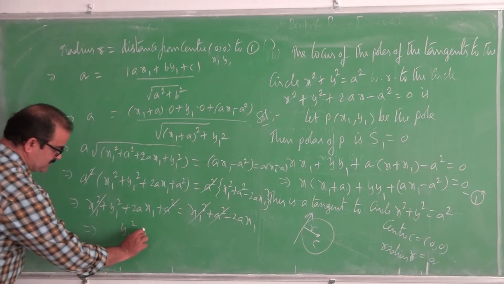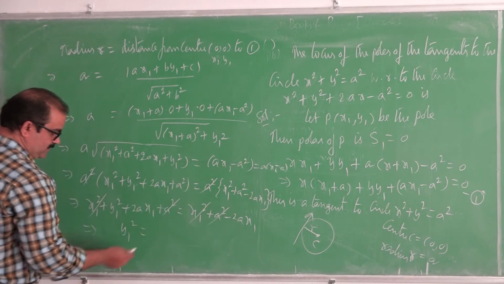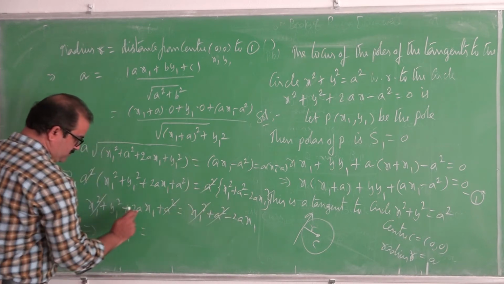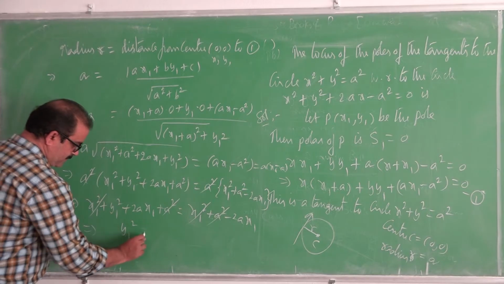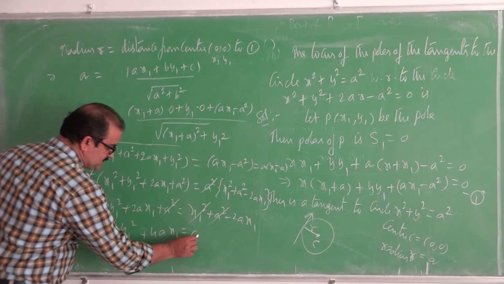y1 square is equal to, take this term to that side or write this term to left hand side. 2a x1 plus 2a x1, 4a x1 is equal to 0.